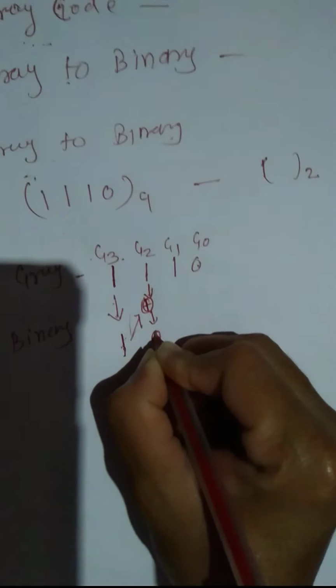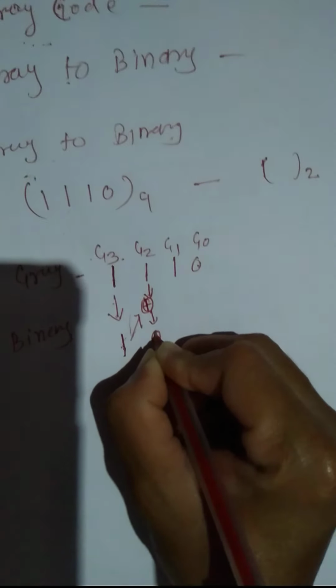Next, this answer and the next bit we add. 1 plus 1 is 0, the carry is neglected and we note the answer directly. 0 plus 1 XORing is 1. Then this answer and the next bit, 1 plus 0 is 1.